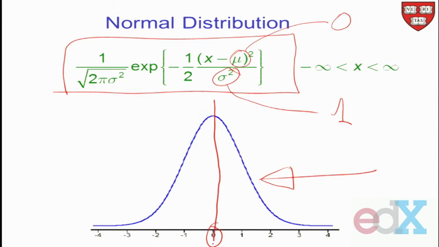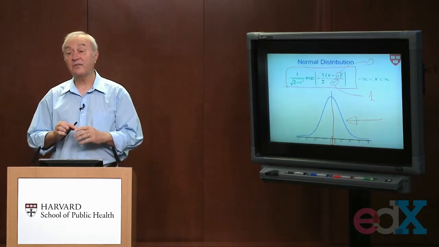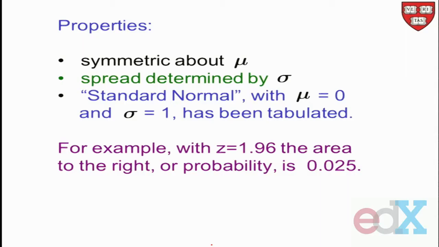All normals are symmetric. So if I had drawn a straight line and I spin it around there, you wouldn't notice the difference. So it's symmetric around 0. It's symmetric about mu, which was 0 in this case because we set mu equals 0. The spread is determined by sigma.